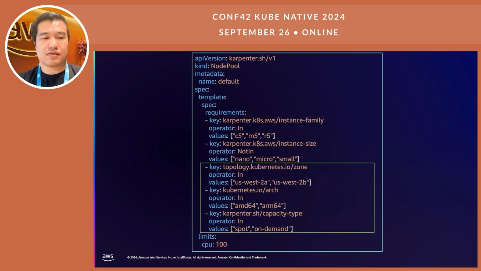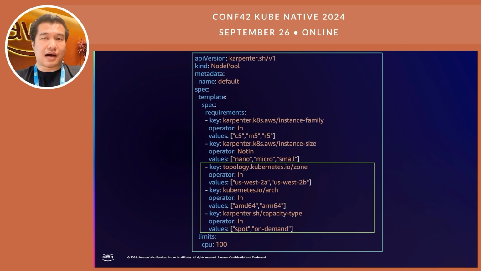And how about the availability zone? You can also specify that you allow Karpenter to spin up a node inside that particular availability zone. Or you can choose the CPU architecture by using x86, or AMD64, sorry.